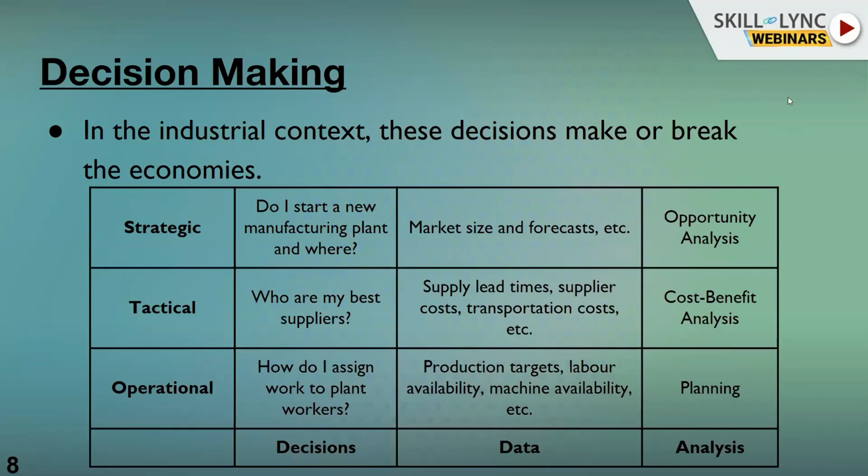If they want to start a manufacturing plant in India, they need to decide on the location where they have to set up that plant, right? And this is a strategic decision, because once they set up the plant, it is impossible for them to undo it, right? They invest crores of rupees in setting up, and therefore they have to decide very precisely where they need to put it.